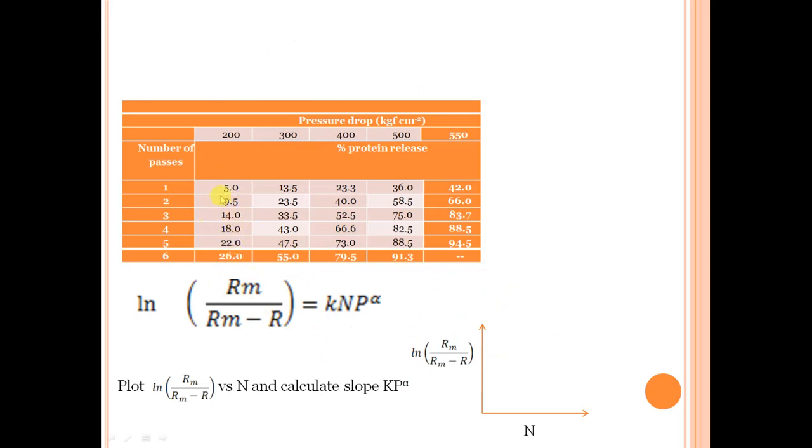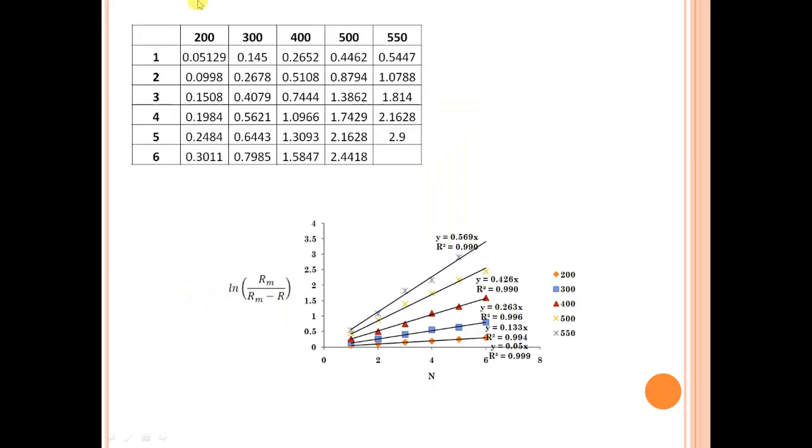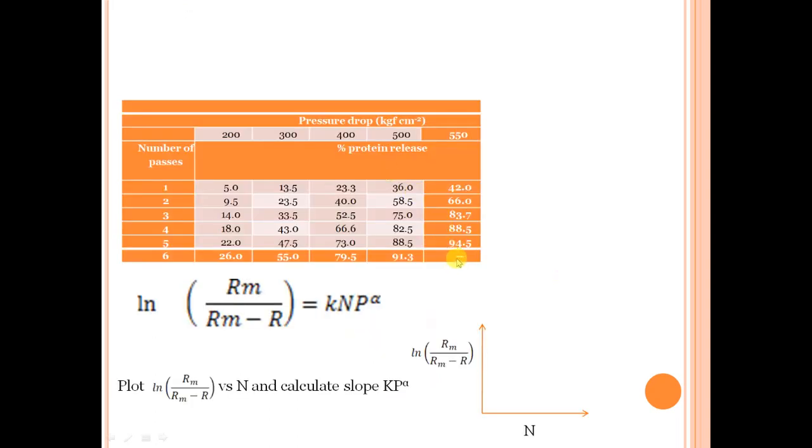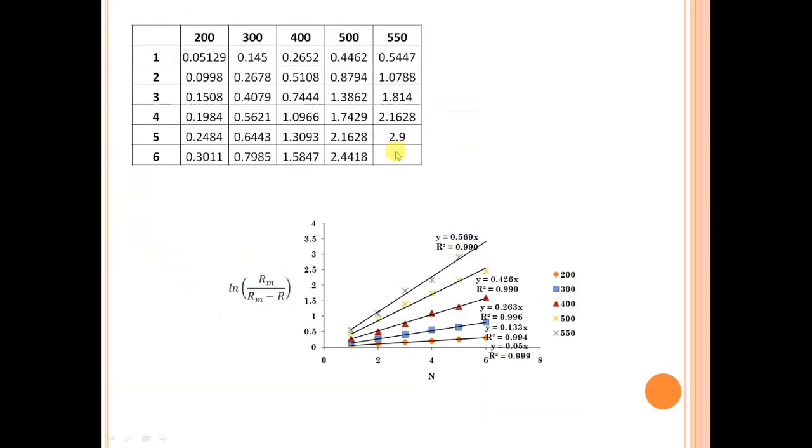So for this particular value, it will be ln of 100 by 100 minus 5, and I'll get some value. That is my first value here. Similarly, I will do it for all the values. You can see here the value is not given, so that's why we cannot calculate here.